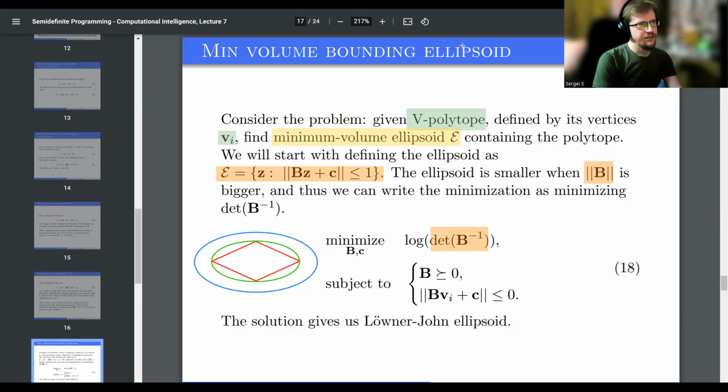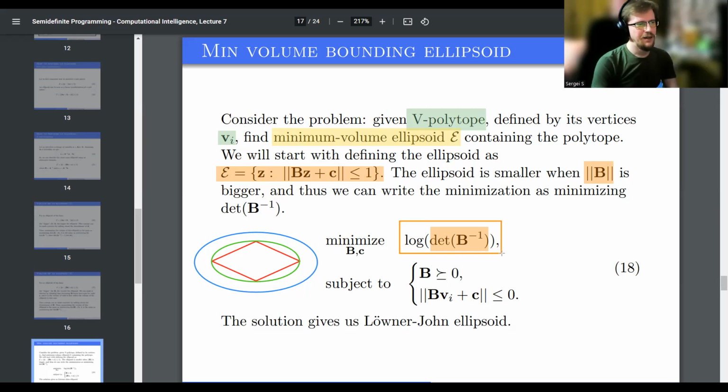There is a trick in optimization that allows us to work with determinants: instead of minimizing the determinant itself, we can minimize the logarithm of a determinant. In CVX, it is implemented as log_det, and it minimizes the logarithm of the determinant of an inverse.